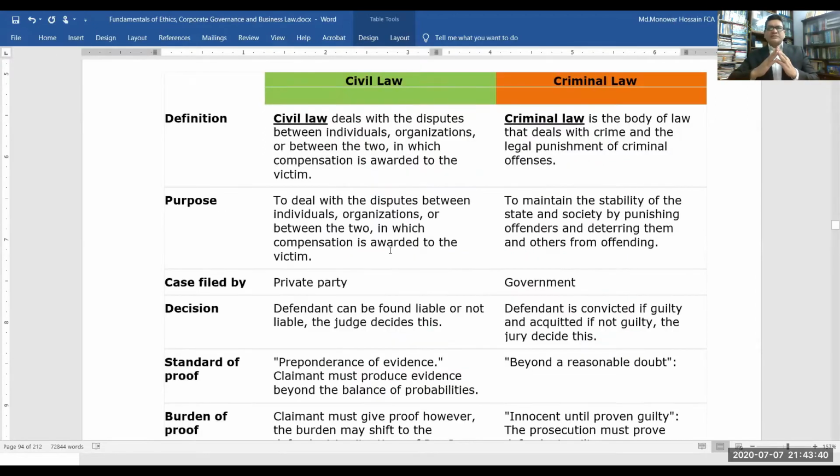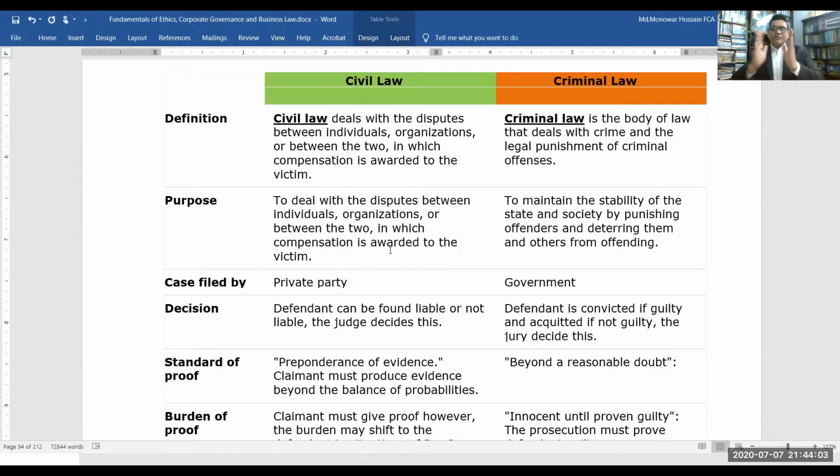Civil law deals with disputes between individuals, organizations, or between the two, in which compensation is awarded to the victim. And criminal law is the body of law that deals with crime and the legal punishment of criminal offenses.